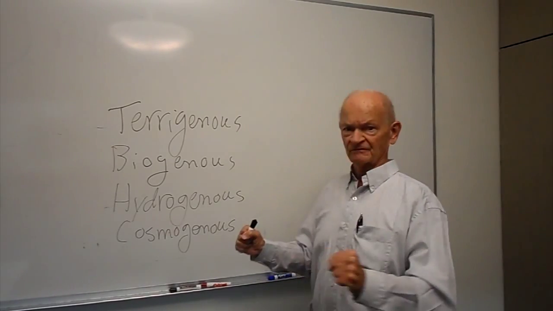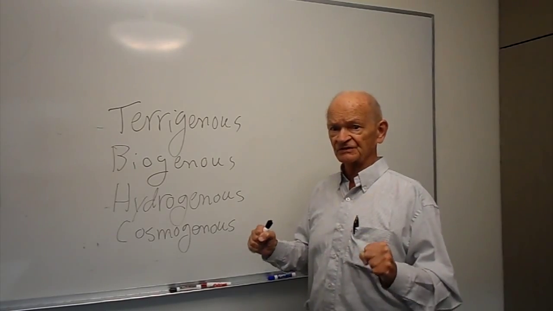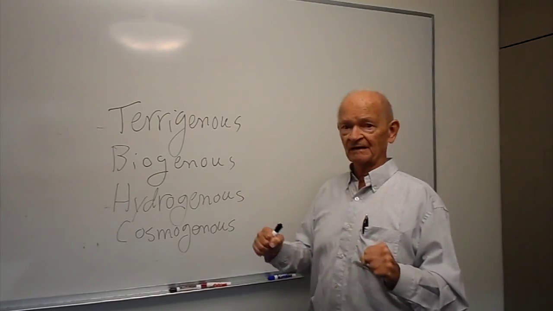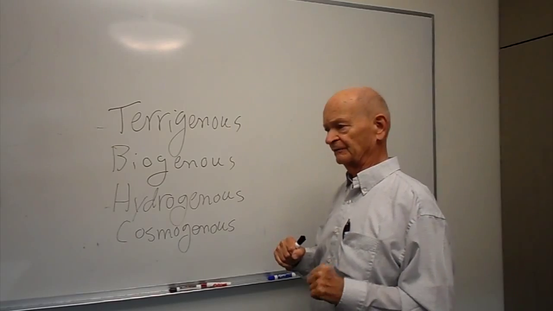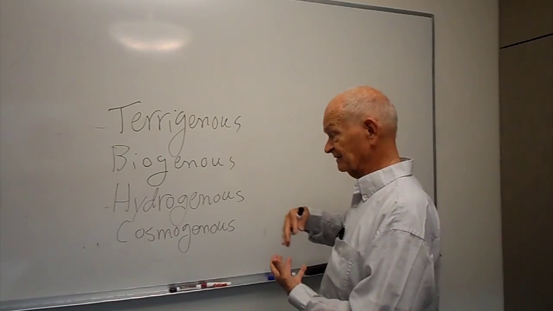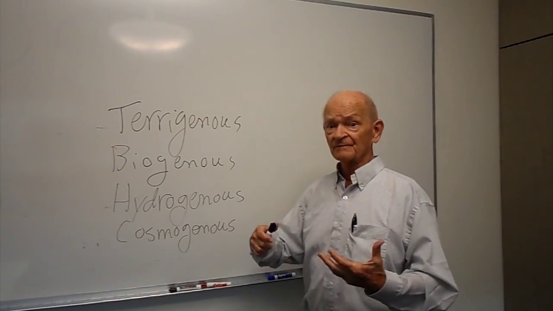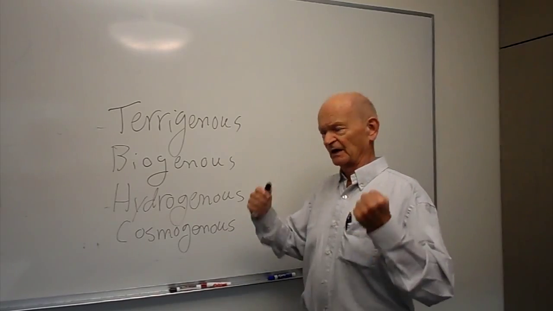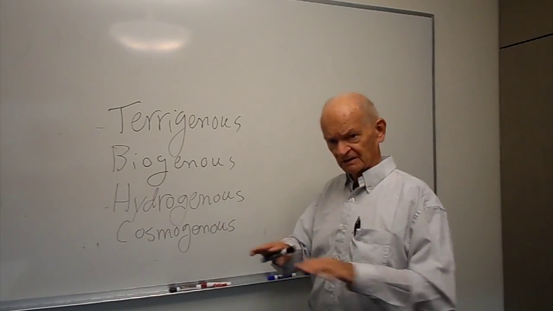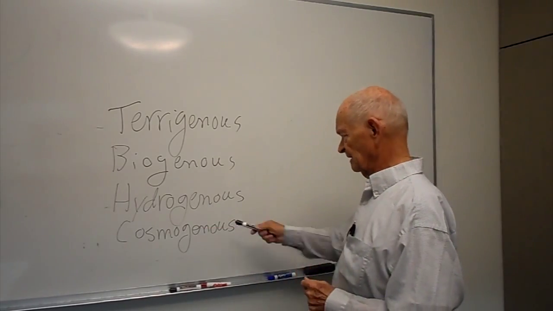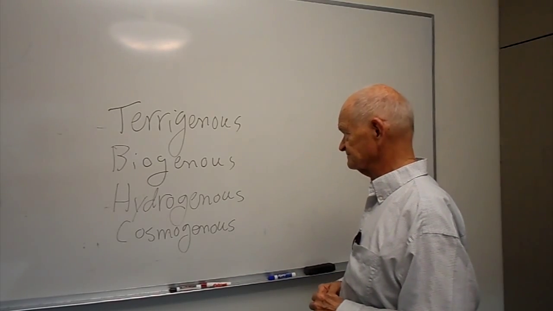When we do have a major event, like that one 65 million years ago, then we can have a very large area in which both the material itself, which came in from outer space, and the rock material that was pulverized by the impact, can cause a relatively large area of what we call cosmogenous sediments.